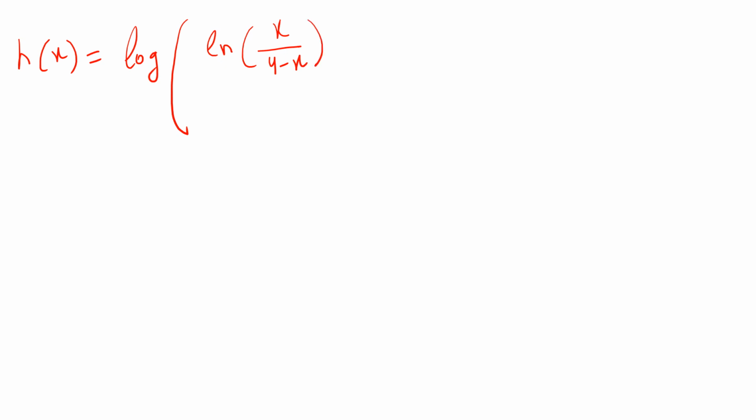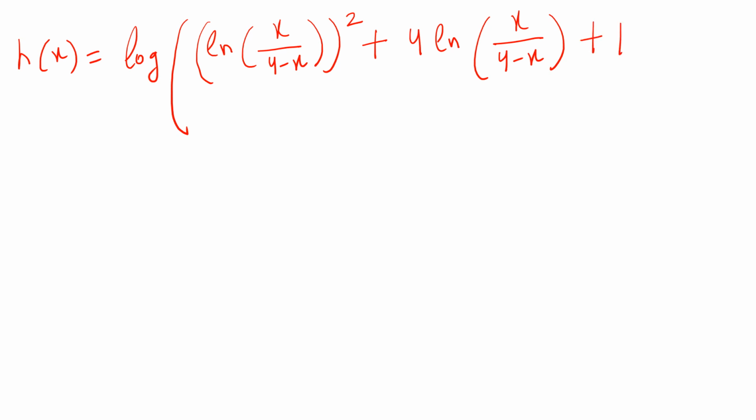Now students, the function h of x can further be written as log of ((log natural of x upon (4 minus x)) whole square plus 4 into log natural of x upon (4 minus x) plus 16) whole divided upon 4, to the base e.